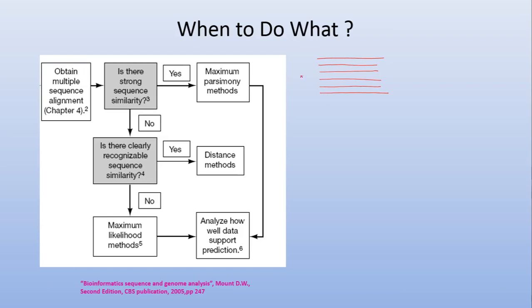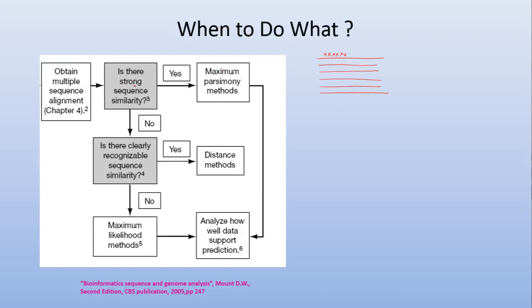So you ask yourself a question: do the sequences that you have aligned have very strong sequence similarity? That means, can you find that most of the sequences, say above 90%, are very conserved in your multiple sequence alignment? If that is the case, then you are supposed to use maximum parsimony.